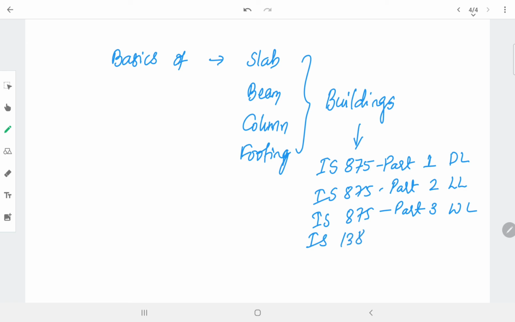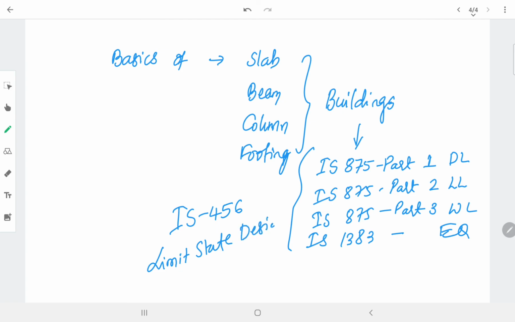IS 1893 is for the seismic load considerations or earthquake load considerations. And next, the main thing apart from this, all you require is IS 456 for the limit state design of these elements, all the elements. So this is all about the basics of civil engineering. The basic parts need to be discussed.